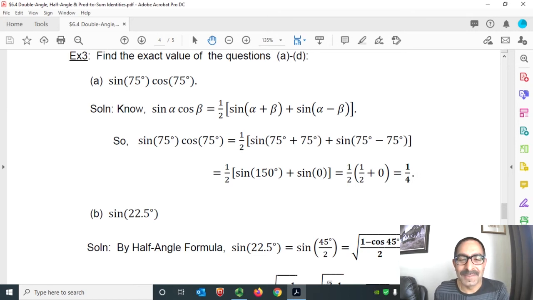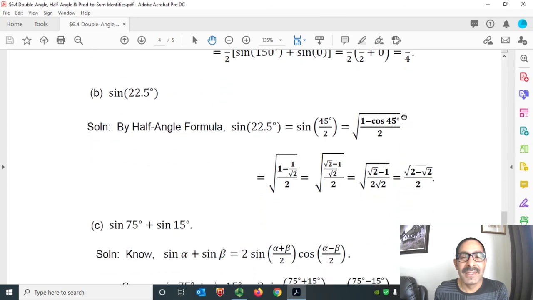Now let's move on. Next, let's find the value of sine of 22.5 degrees. Great. So this time, let's apply the half angle formula. Since 22.5 equals 45 over 2, then by this half angle formula, sine alpha over 2 equals this formula.